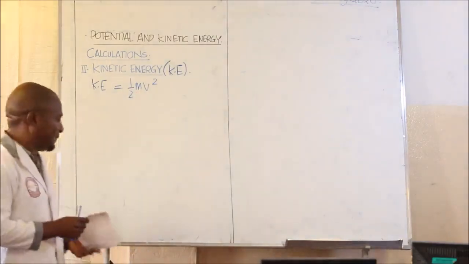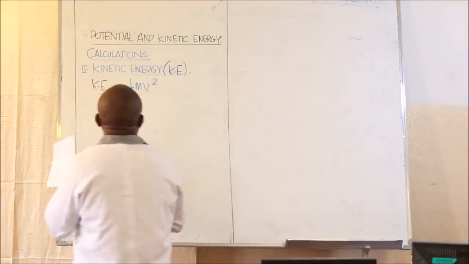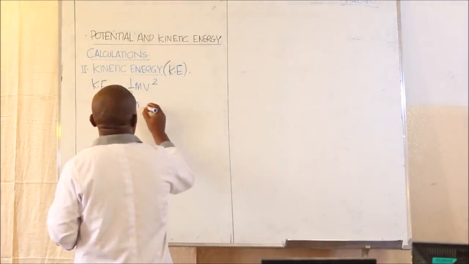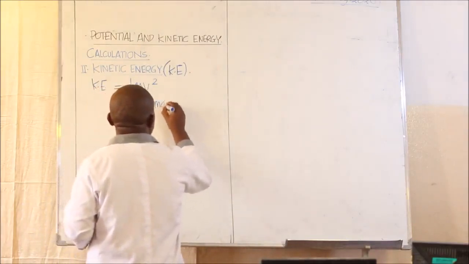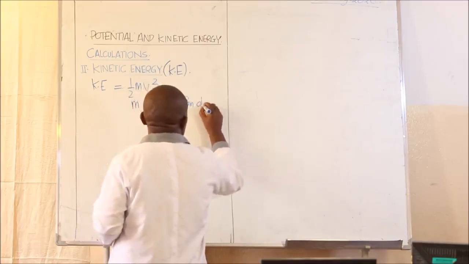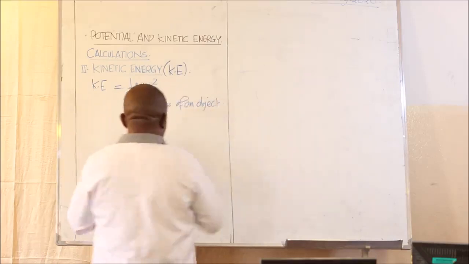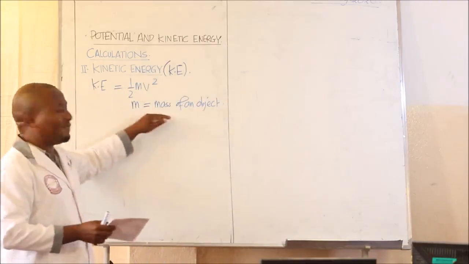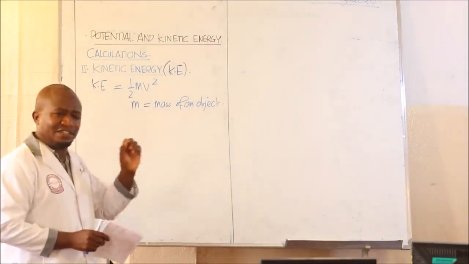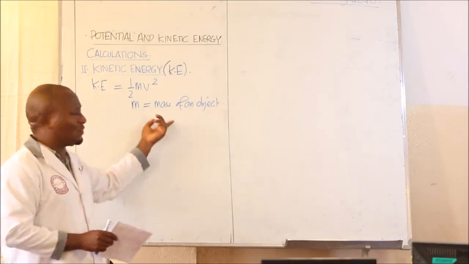Now in this formula, letter M represents the mass of an object, or simply mass of a body, in kilograms. Let us not forget that the standard unit of mass is the kilogram.